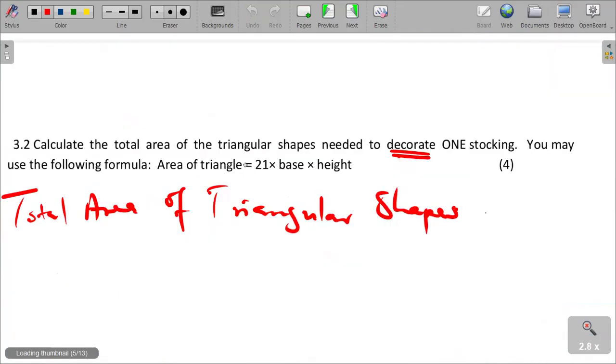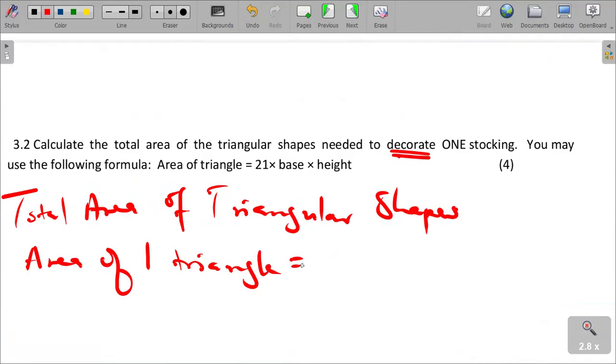So now, going to our question, the area of one triangle is equals to base times height over 2, BH over 2.